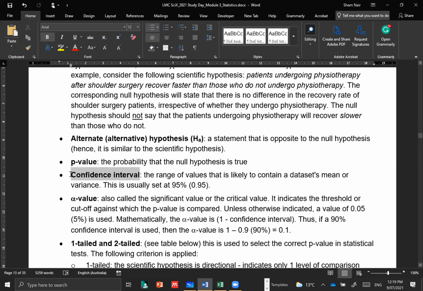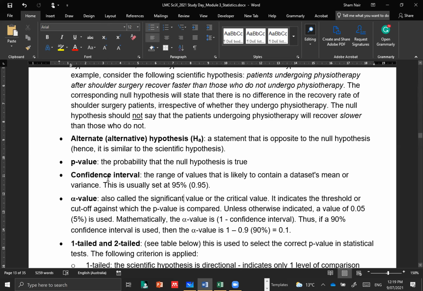Confidence interval. What is the confidence range that you're willing to accept for your study? I mentioned earlier that we generally tend to use 95%. So that's 2 standard deviations, based on the normal curve. So 95% expressed as a decimal is 0.95.